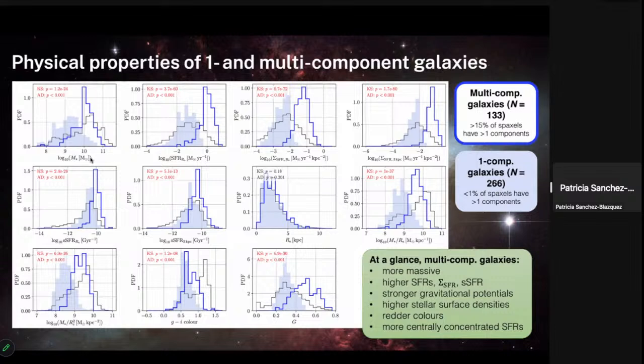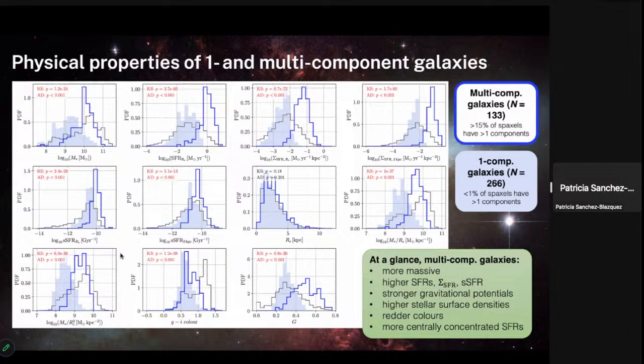When you say that the galaxies with multi-components have higher stellar surface densities, looking at the histogram you have on the screen now, it seems slightly biased towards lower, compared with the black one.